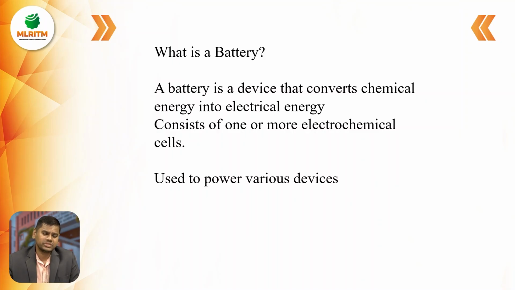A motor converts electrical energy into mechanical energy. Similarly, a generator converts mechanical energy into electrical energy. Whereas a transformer works on the principle of Faraday's laws of electromagnetic induction.